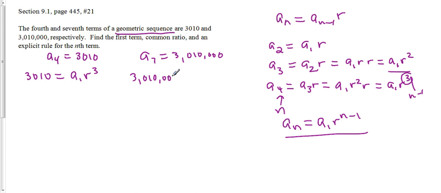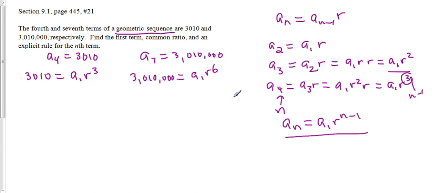It has a numerical value of 3,010,000, but I can also write it as A1 r to the 6th. Here, n is equal to 7, so n minus 1 is equal to 6. And this is great, because now I have two unknowns, A1, the first term, and r, the common ratio, and I have two equations. So I have a system of equations that I can solve for A1 and r.